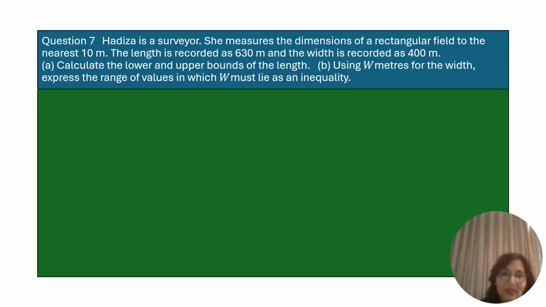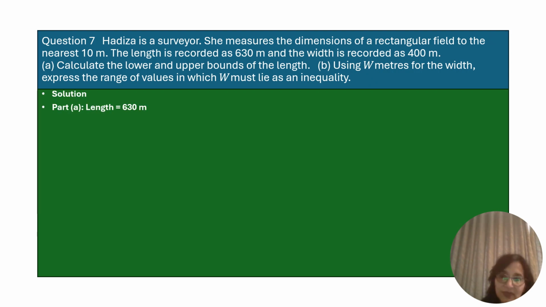Question number 7. Hadiza is a surveyor. She measures the dimensions of a rectangular field to the nearest 10 meter. The length is recorded as 630 meter and the width is recorded as 400 meter. Calculate the lower and upper bounds of the length, using W meters for the width. Express the range of values in which W must lie as an inequality.